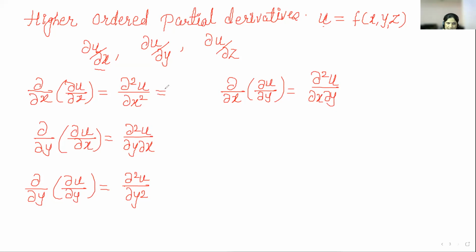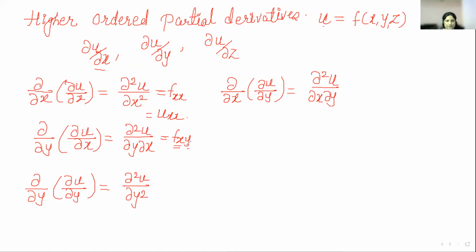In short, this can be put as fxx, or sometimes in u, therefore it will be uxx. What is the meaning of uxx? Second order derivative of u with respect to x. Okay. Now here, this can be put as fxy, derivative of fx with respect to y.